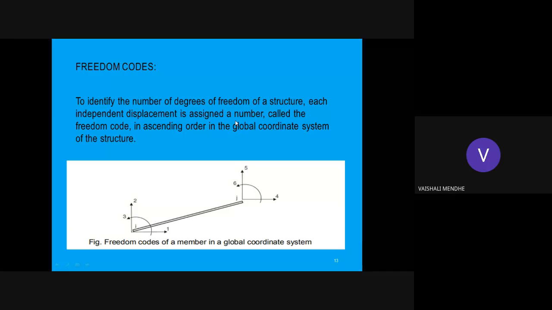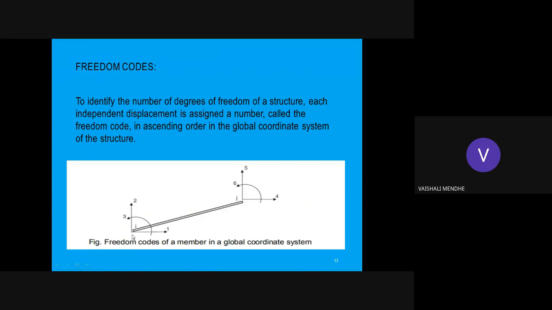The freedom codes are always assigned in ascending order in the global coordinate system of the structure. Here, I is the starting node and J is the ending node, and I have to assign the degrees of freedom with the help of freedom codes.